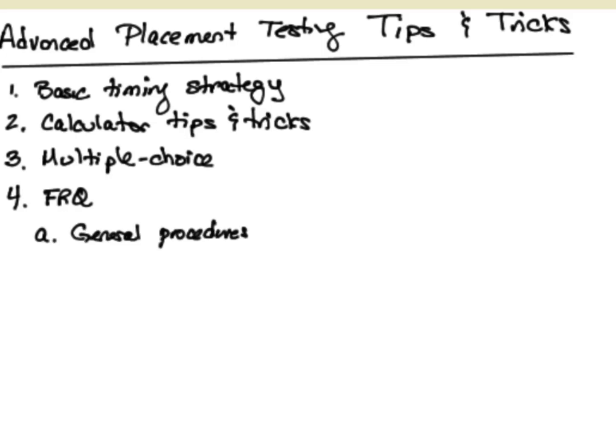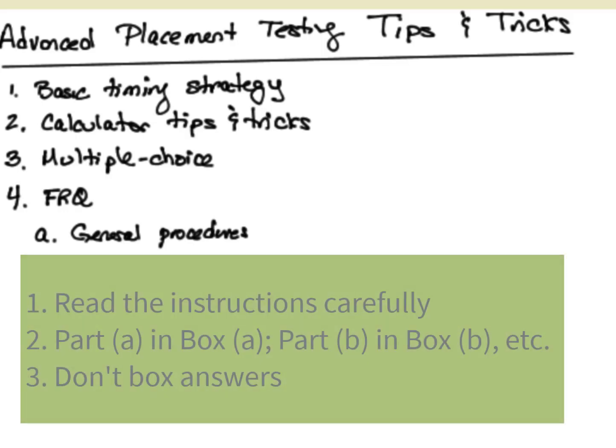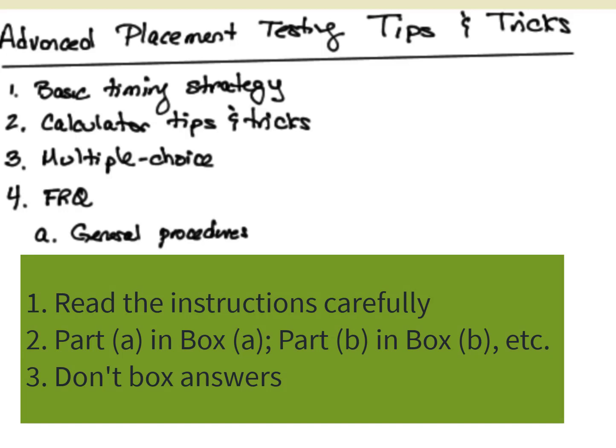Some general procedure stuff for the free response questions. First of all, as I mentioned, read all the instructions. 3 decimal places for the multiple choice, rounded or truncated. Don't round in between.